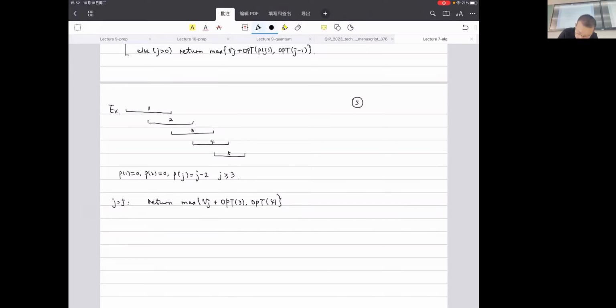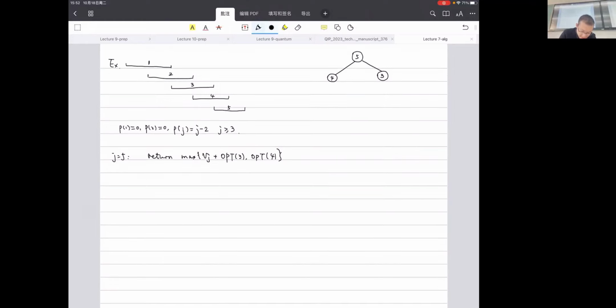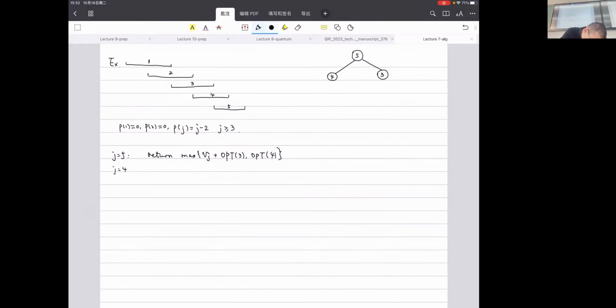So we can consider a tree here. From 5, on the one hand, we need to solve a problem of size 4, and on the other hand, we need to solve a problem of size 3. So we need to go further into this. How about j equals 4?